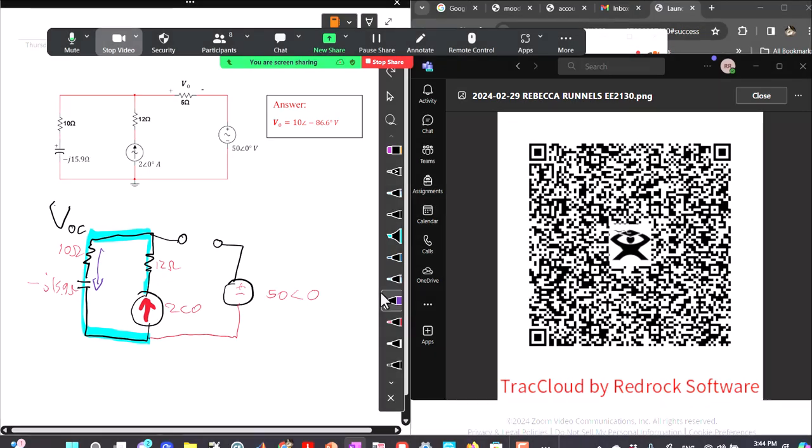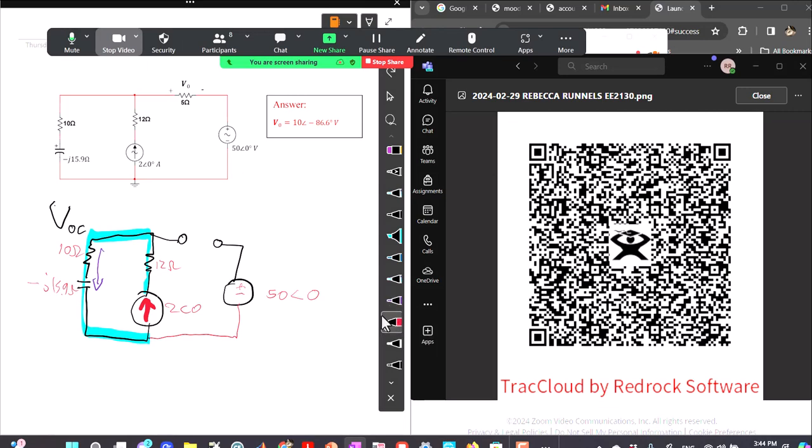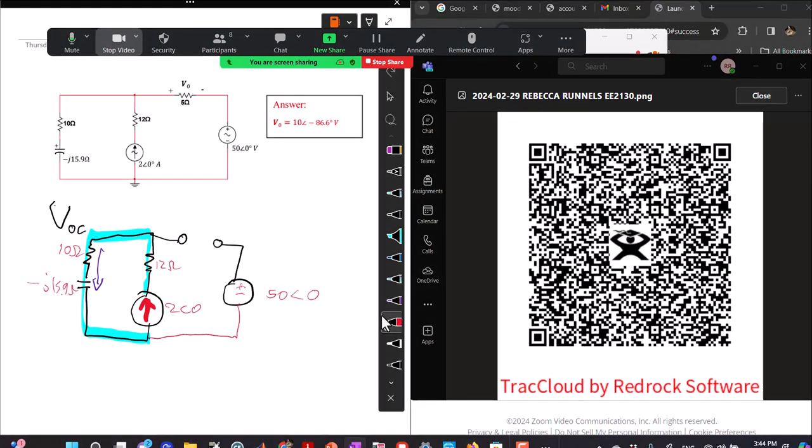We know the current is 2 amps down, 2 angle 0. So we can do a Kirchhoff's KVL around the outside loop, and this is plus minus, that's V open circuit, and that should get us the value of V open circuit.